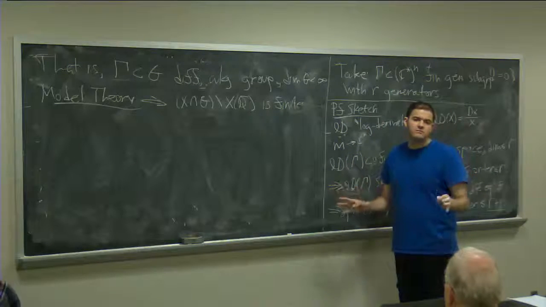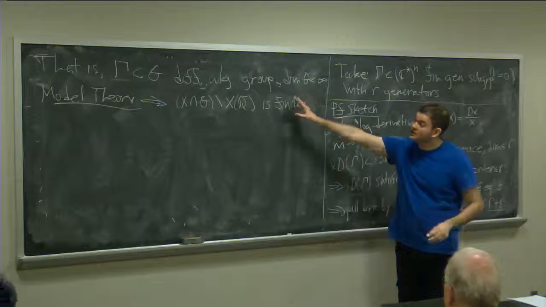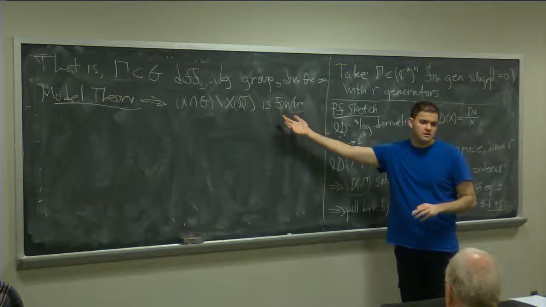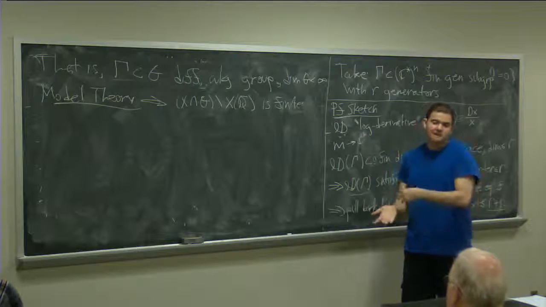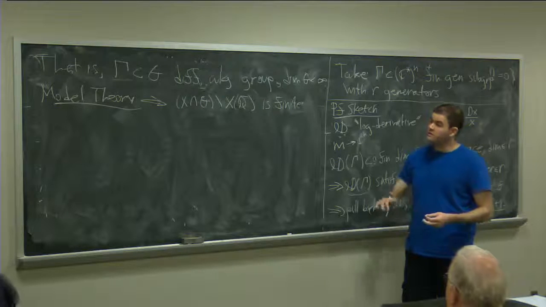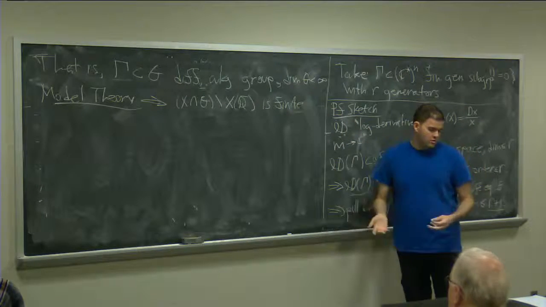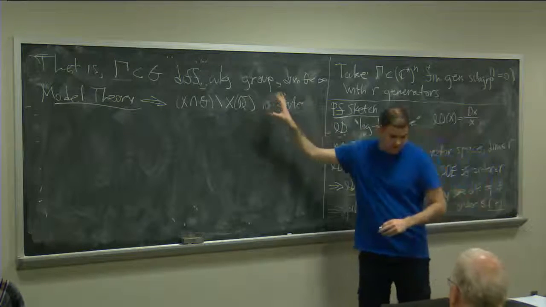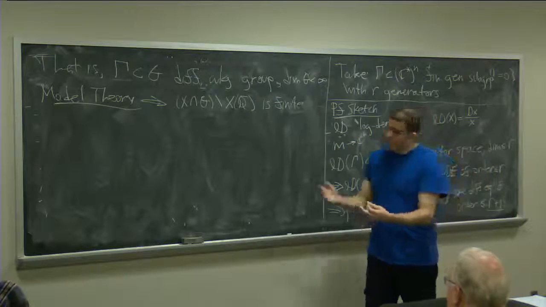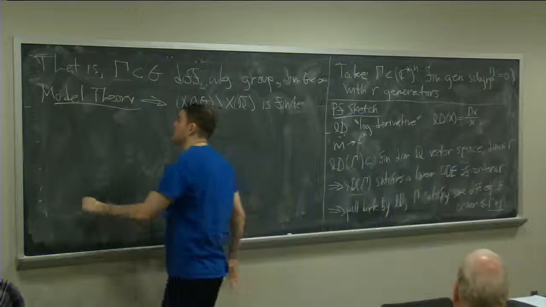And here you need to use some tools. So Bouillon proves this kind of result using his theory of differential algebra plus some complex analysis. Hrushovski and Pillay prove it using some stability theory and model theory. But I will not discuss how to get this. But let's say we know this.